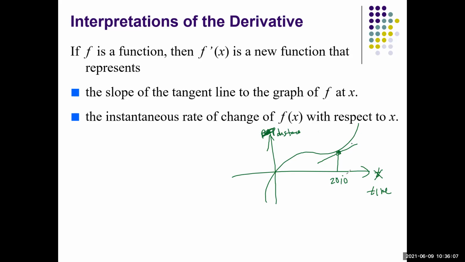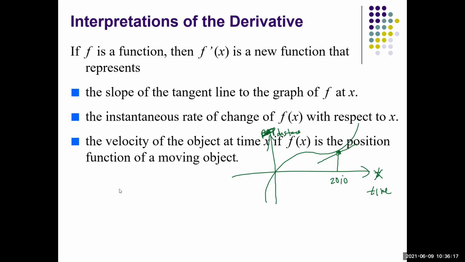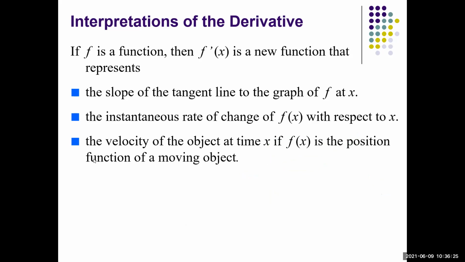So change of distance with respect to time is really the velocity of the moving object. So it has another meaning. That means the velocity of an object at time x, if f of x is the position or distance function of a moving object. Okay.